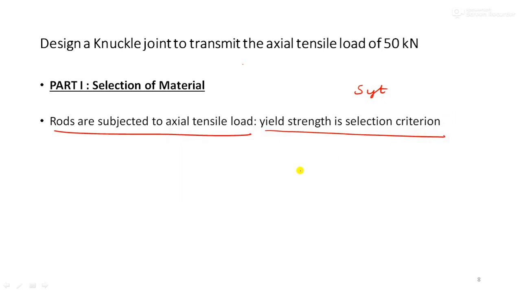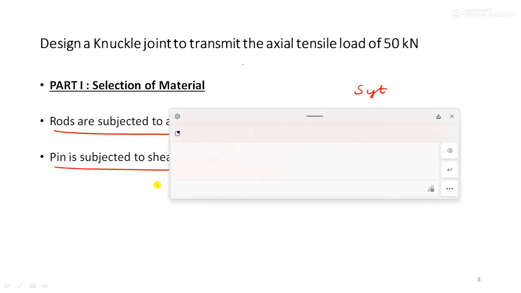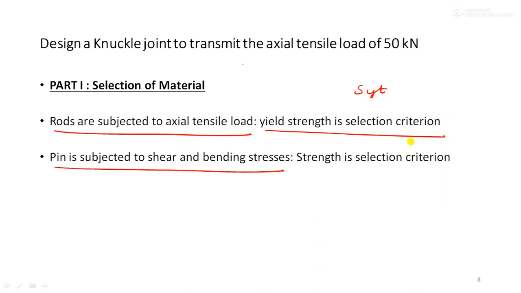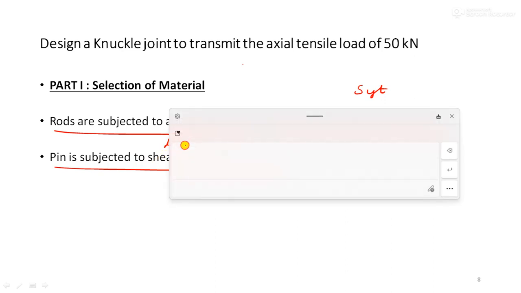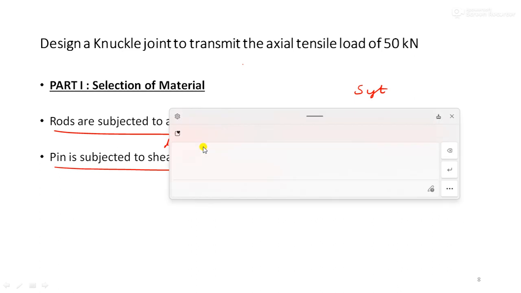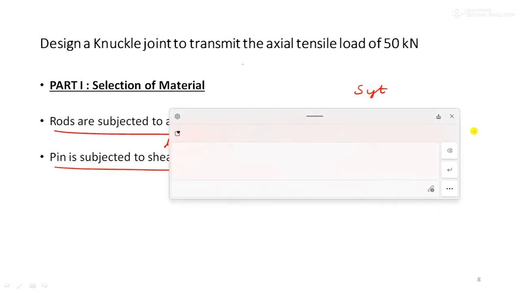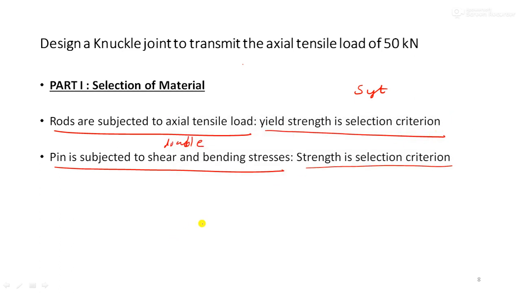Secondly, the pin is subjected to shear and bending stress. Already I have explained: the pin will be subjected to double shear, and the second one is bending. So strength is the selection criteria, so we have to design this knuckle joint on the basis of strength, that is, yield strength.